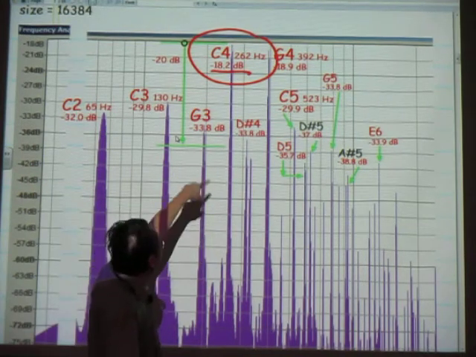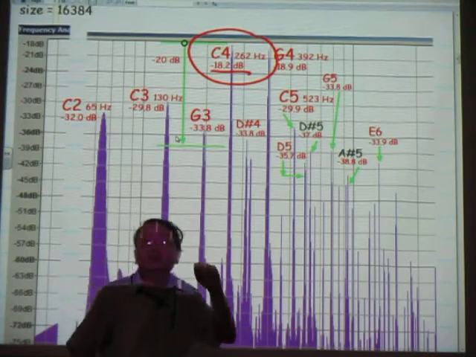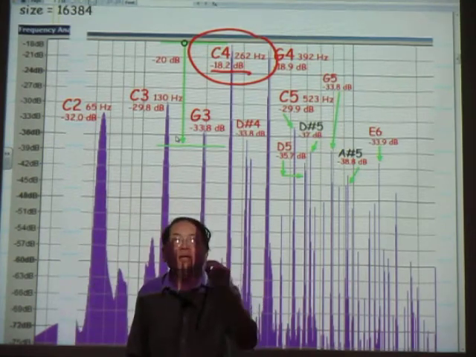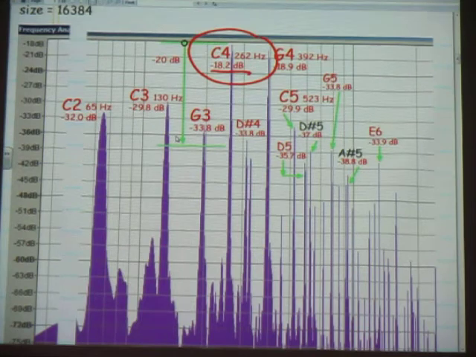The highest peak corresponds to the note C4, the middle C on the piano keyboard. C4 plays a very important role. The frequency of C4 is 262 hertz, as shown there. So that's the goal.